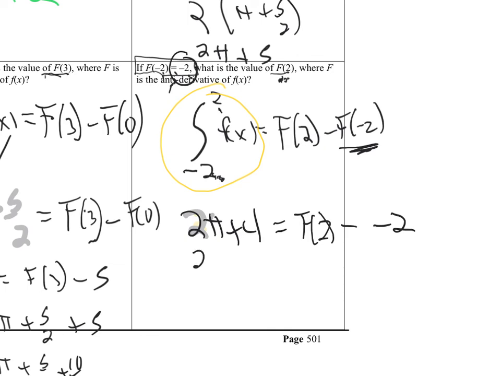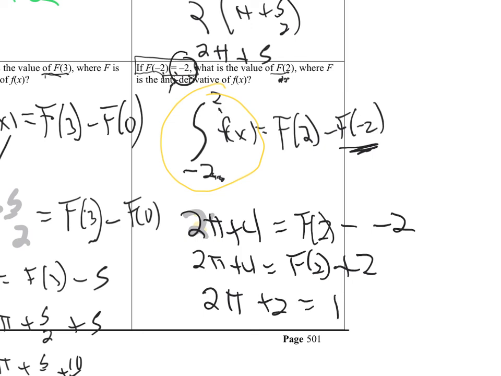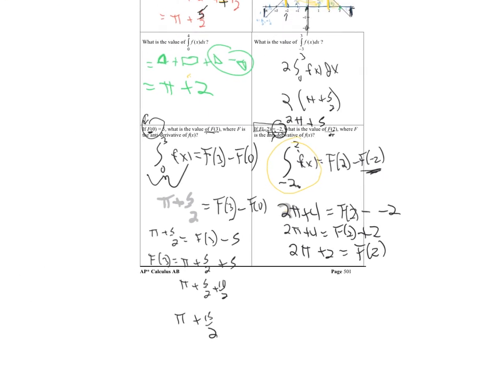So that's 2 pi plus 4 equals big F of 2 plus 2. Subtract 2 from both sides. 2 pi plus 2 equals what we're looking for, f of 2. Yeah, I can't read my handwriting. 2 pi plus 2. So those are the trickiest ones.